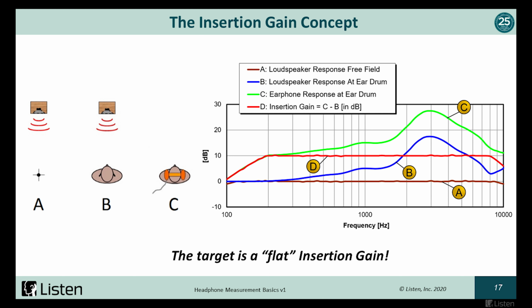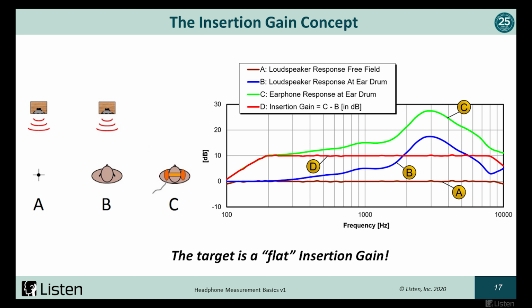So what we do there is we substitute the free field microphone, typically with 2 ear simulators or at least 1 ear simulator. And right away you can tell there's a lot of differences. The microphones in ear simulators aren't pointing at the loudspeaker. We have shoulders which cause reflections, which you can see at the very high frequencies.